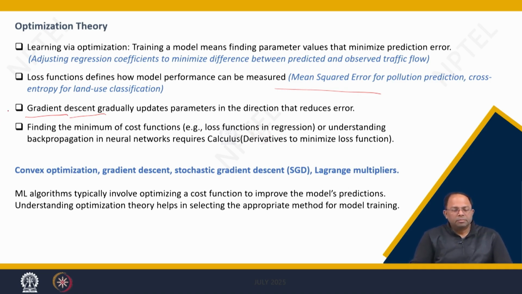Then also for understanding this minimum cost function or this loss function in regression models, there is a term called back propagation in neural network analysis.